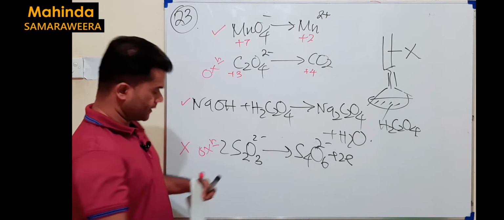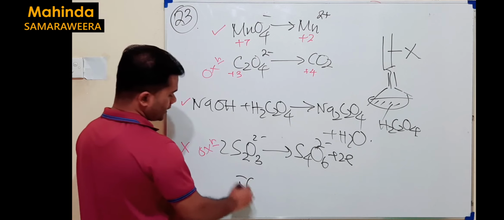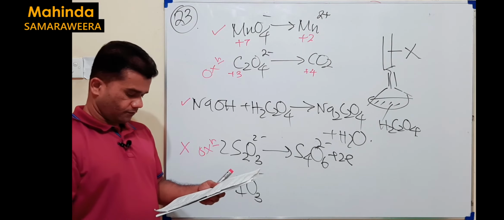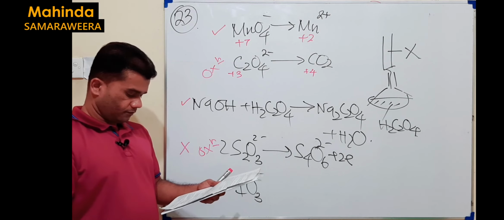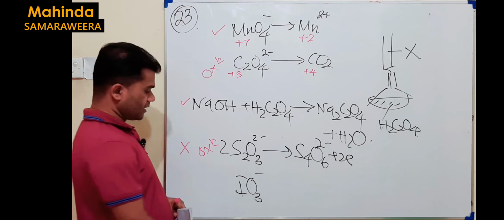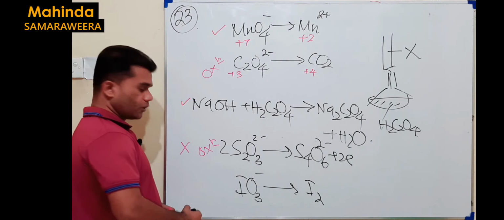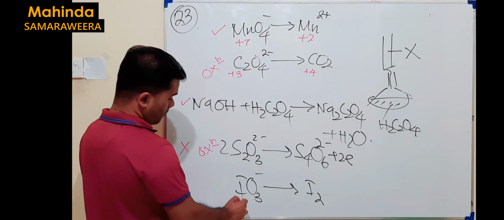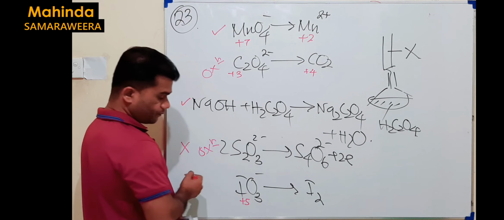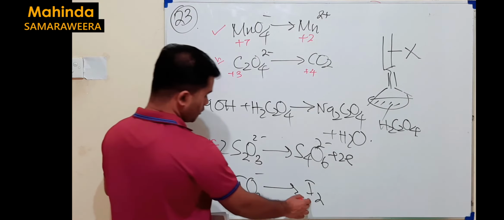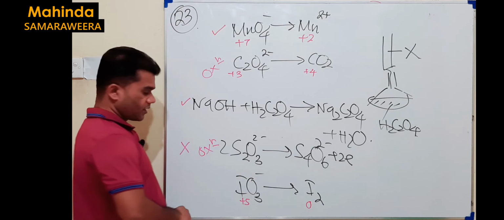Potassium iodate is the next one, IO3 minus. IO3 minus can go to I2 easily. During this process, you can see plus 5 goes to 0. It's reduction.